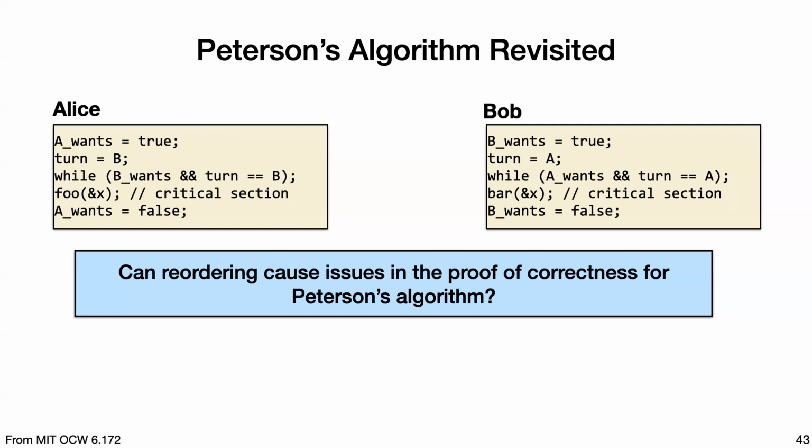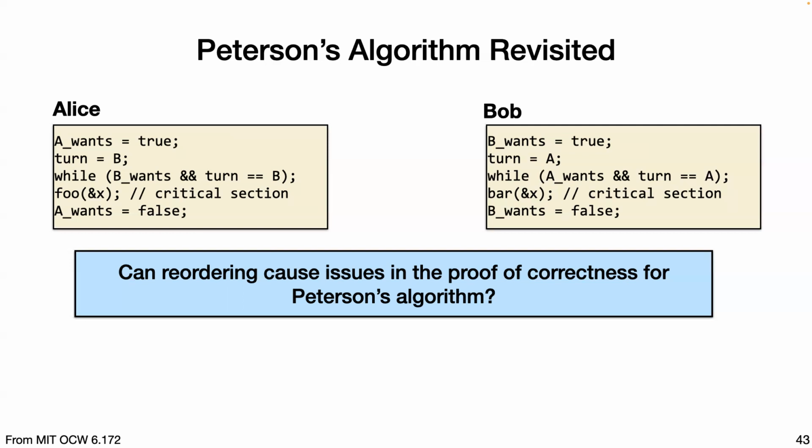I don't think so. Because, yeah, I think it does. Because if you were doing total ordering, then let's just take Bob: B1 equals 2 and turn equals A, there are two stores, so you cannot reorder those.